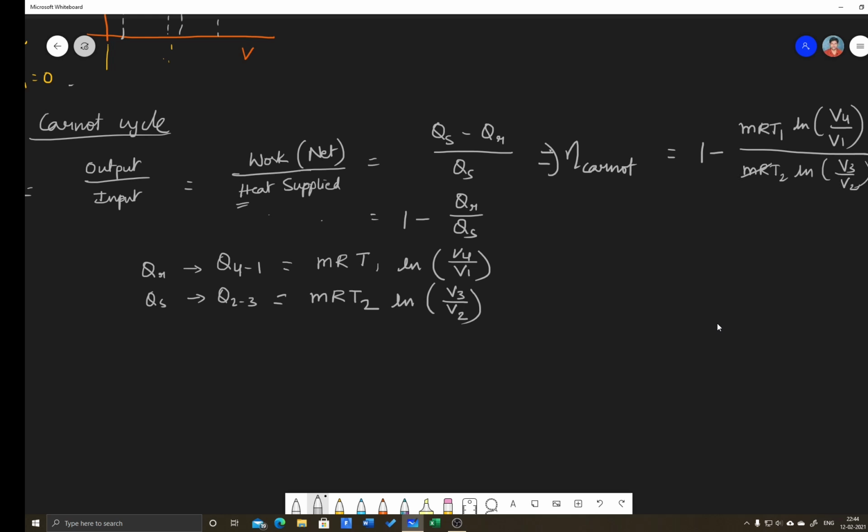So if you cancel out MR, the remaining is T1 into ln of V4 by V1, T2 into ln of V3 by V2. We will now get into this.